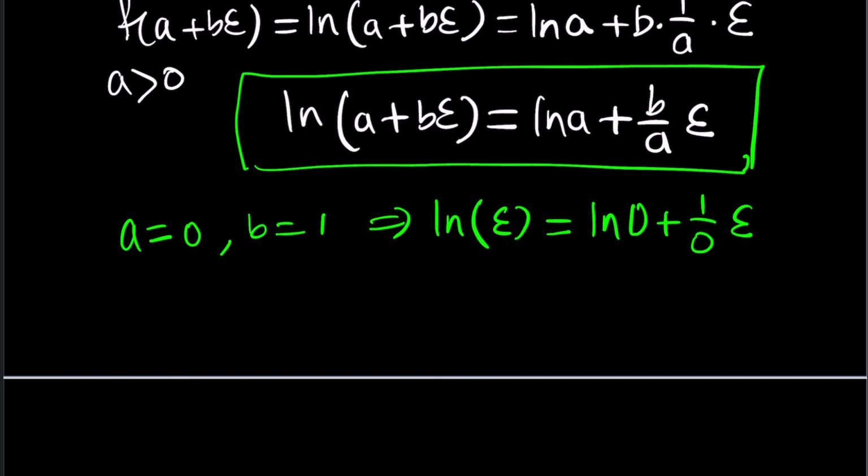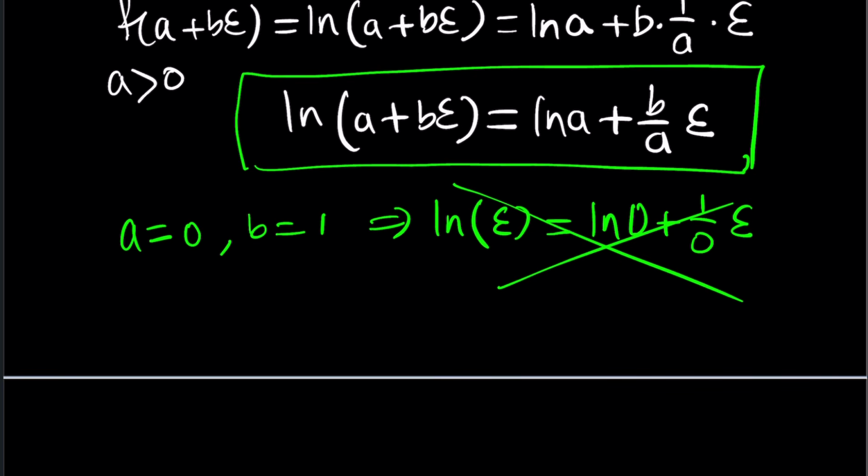Uh-oh, Houston, we have a lot of problems, not just one, right? ln 0 is not defined, 1 over 0 is not defined, so we run into a problem. You know what that means? That means ln epsilon does not exist. Now, why did I say that and why do I keep saying it? Because this is going to come up later as I will show you in the solution of this problem in Black Pen, Red Pen's video.